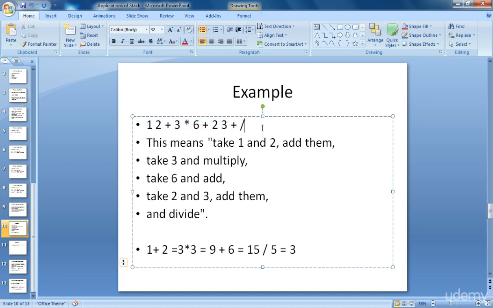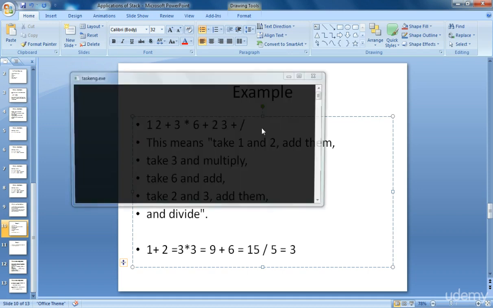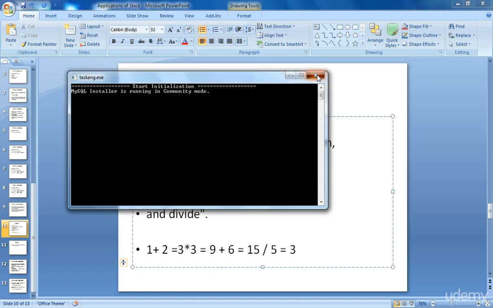Right now, the purpose of this lecture is to show you how we can convert our infix expression into postfix expressions, and why we are doing it. As far as evaluation using the stack data structure is concerned, we will see that in later videos. So thank you for watching.